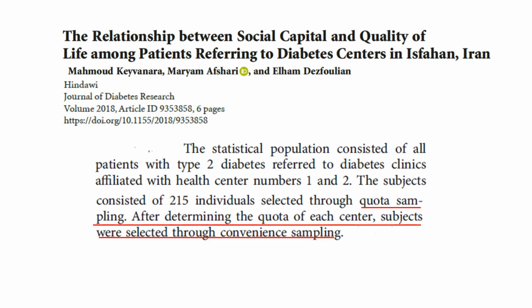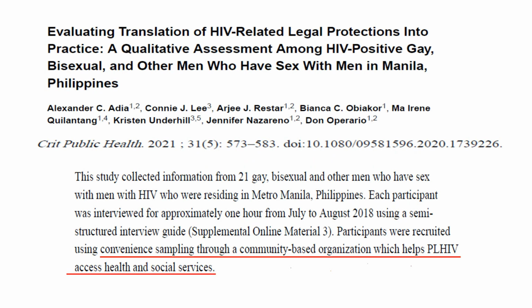This is an example of quota and convenience sampling. In this particular study, convenience sampling because the participants were recruited from a community-based organization helping PLHIV.